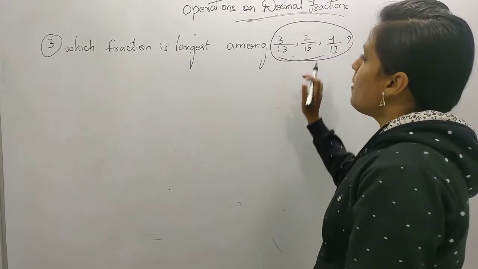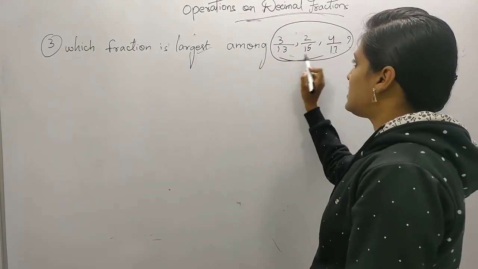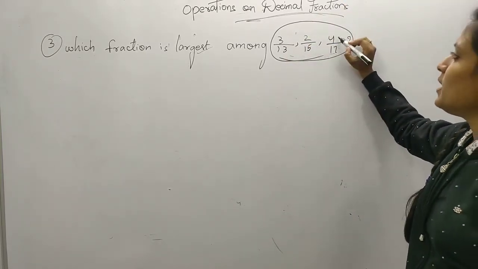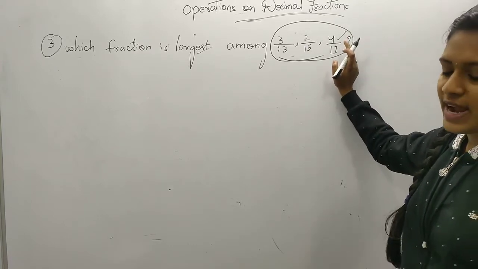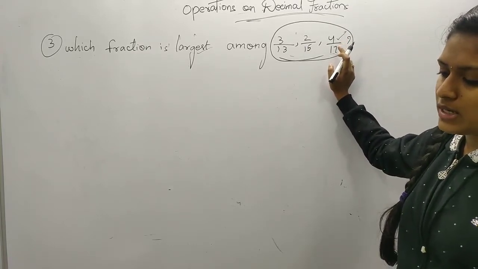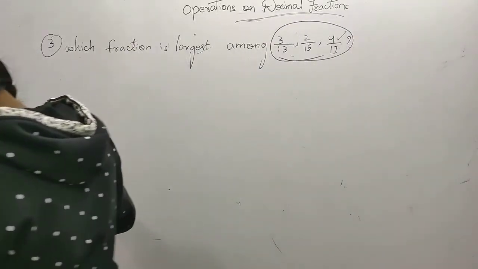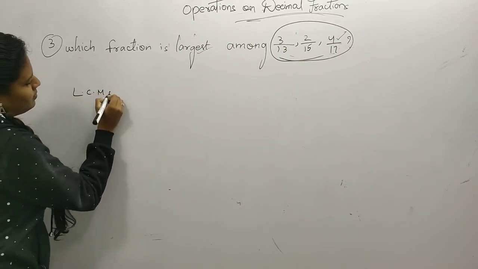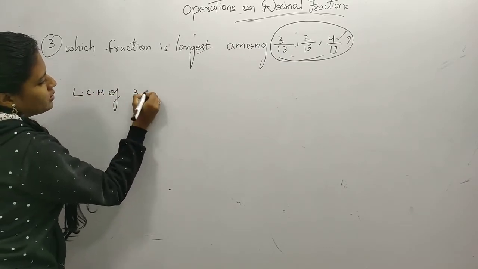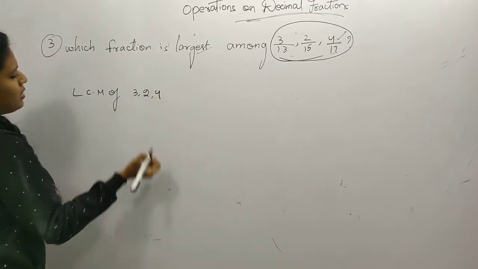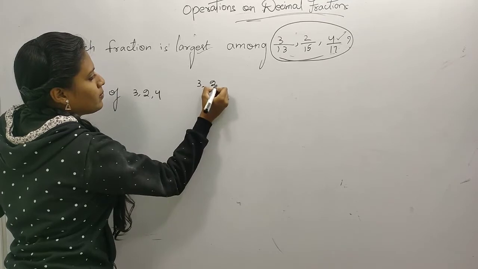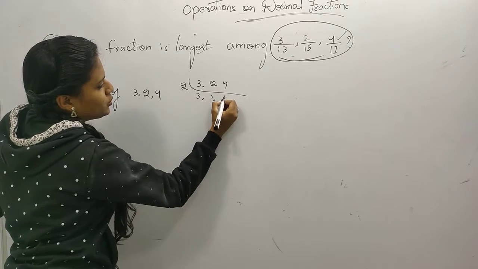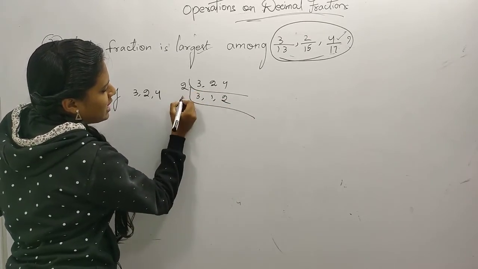Keep in your mind that when we are finding the largest among these three, we have to find the LCM of the numerators. Let's find the LCM of 3, 2 and 4. 2 1s are 2, 2 2s are 4. What is left?